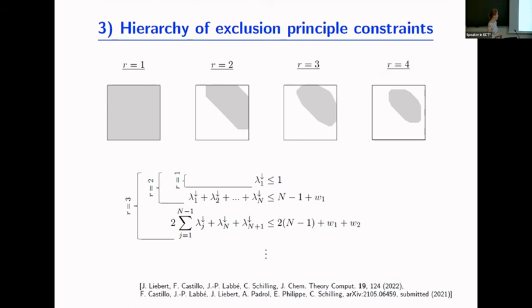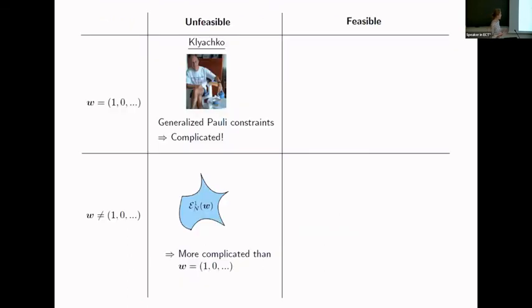So, what does this now mean? In principle, we have also in ground state RDMFT one unfeasible version of describing the functional's domain and one feasible one. So let us start with the unfeasible picture.